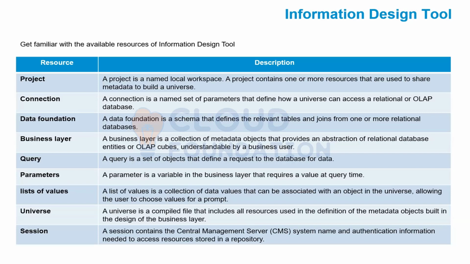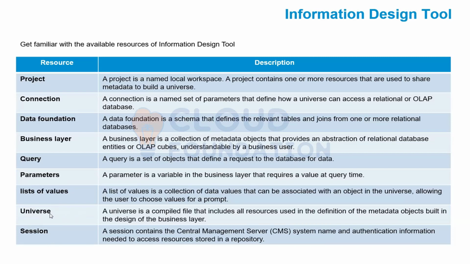That is possible if we have a list of values from the universe side. If for year we attach some 20 to 30 years where reporting is possible, from 2000 to 2030, along with that object in the reporting layer, then when they refresh, they can pick from it. I'll show everything on the screen also; I'm just telling here to understand. So that is possible using list of values.